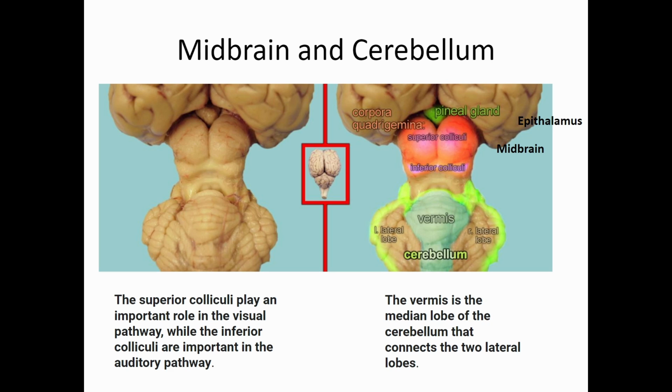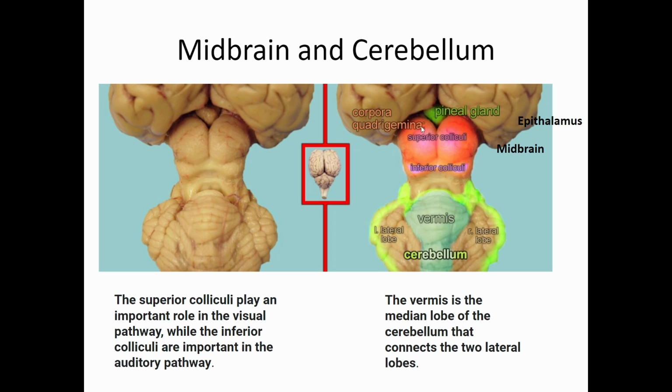Now here, before you do your dissection, you could actually pull back the cerebellum and see the superior and inferior colliculi better before they're cut in half. The superior colliculi are a group of two big top bumps, and the inferior colliculi are a group of two smaller bottom bumps, and they sit just in front of the cerebellum.